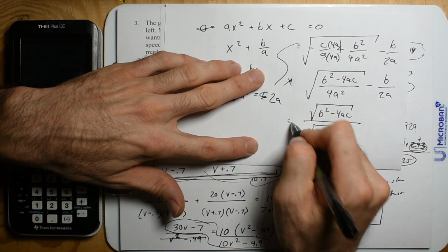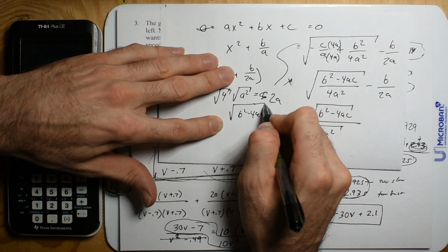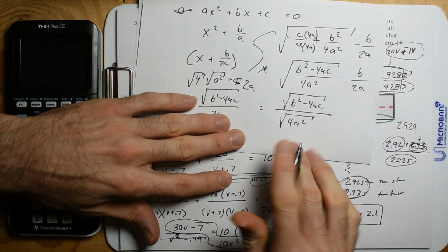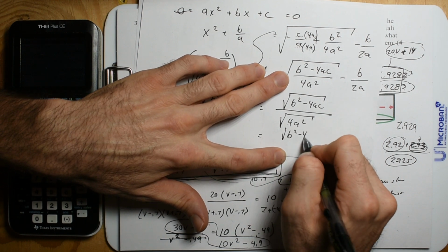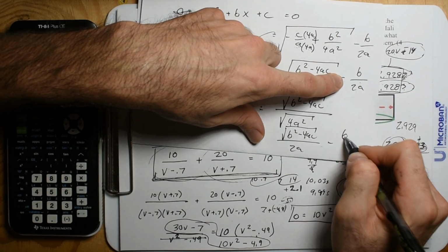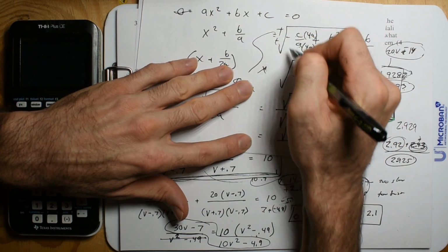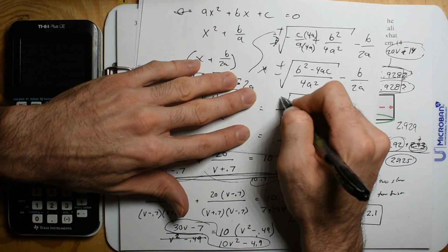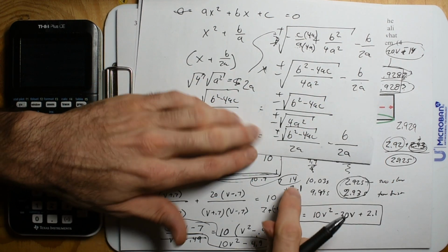So now this term becomes the square root of b squared minus 4ac divided by 2a. I guess I'll write it right here. And we still have this term, minus b divided by 2a. And sorry, I'm bad at doing the plus or minus, positive and negative roots on the square root.